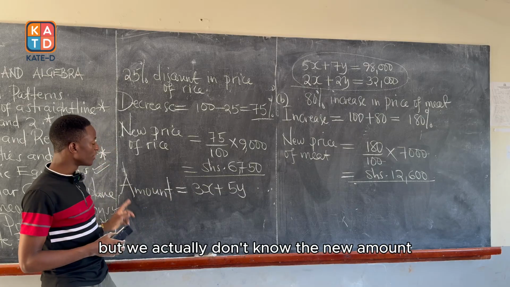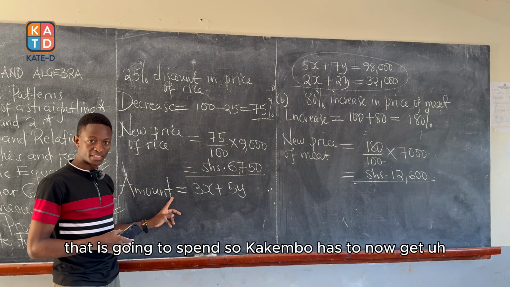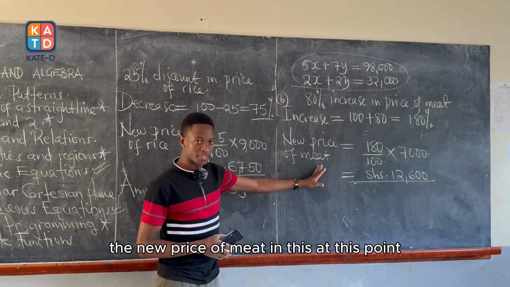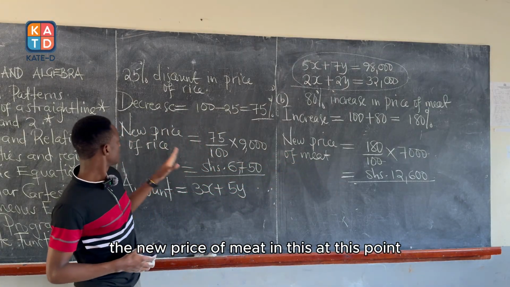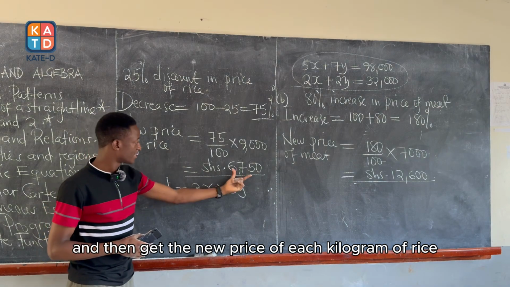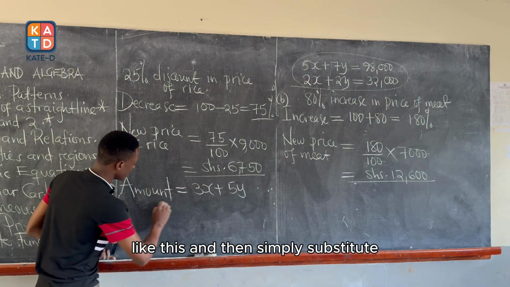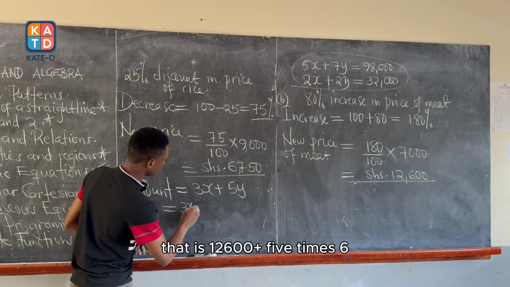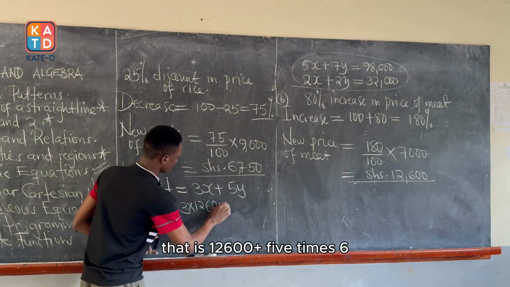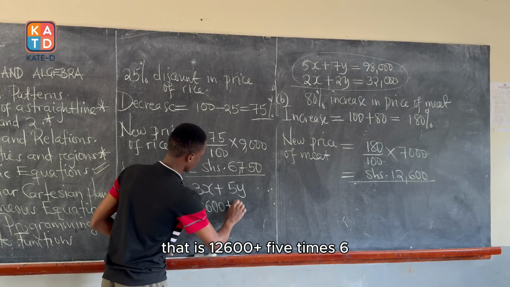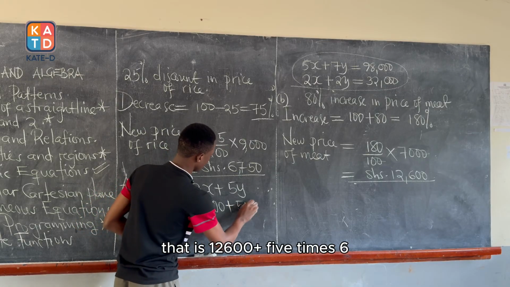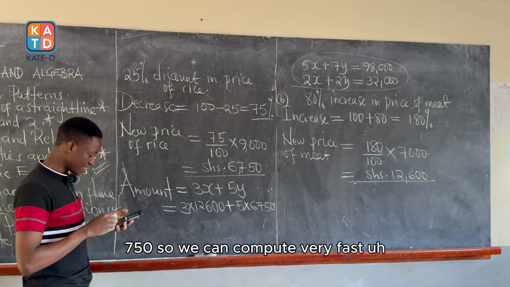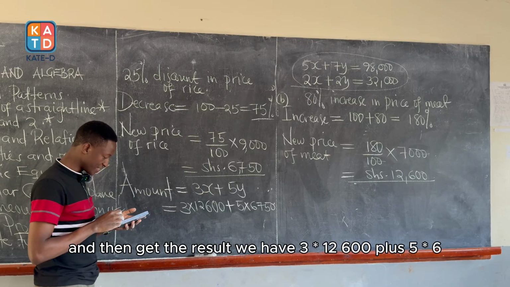But we actually don't know the new amount that he is going to spend. So Kakembo has to now get the new price of meat at this point, and then get the new price of each kilogram of rice like this, and then simply substitute. So we shall have 3 times 12,600 plus 5 times 6,750. So we can compute very fast and then get the result.